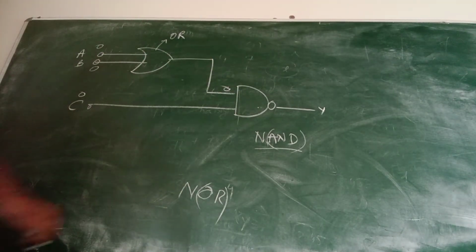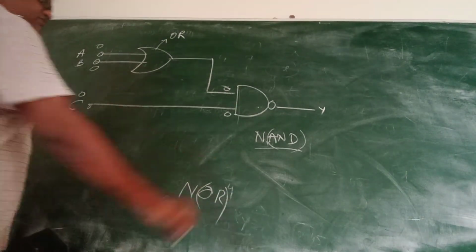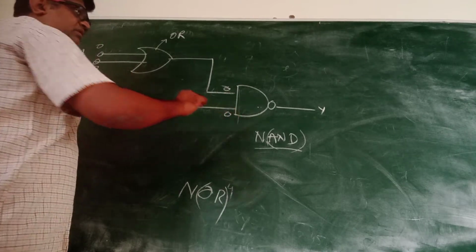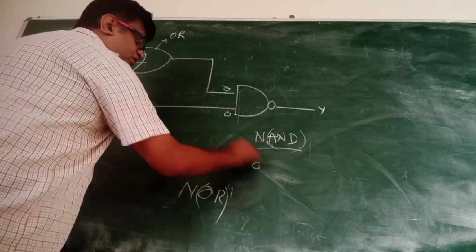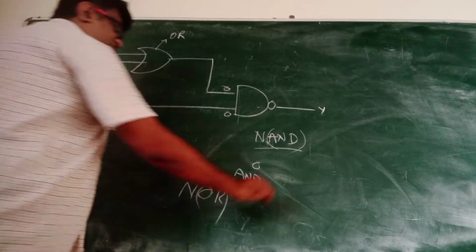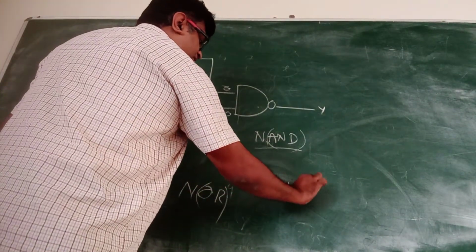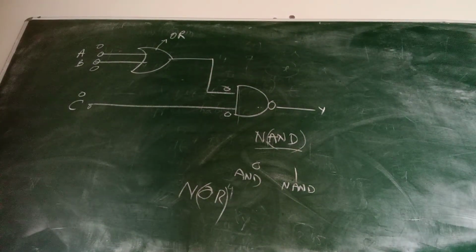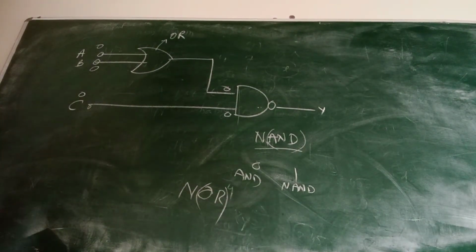This is already 0, so it will be 0 here. So this is a NAND gate, you have identified that. 0 and 0. For an AND gate, it would give 0 as the output. But because this is a NAND gate, it will give 1. See, it is pure logical, okay? It is pure logical. Alright.